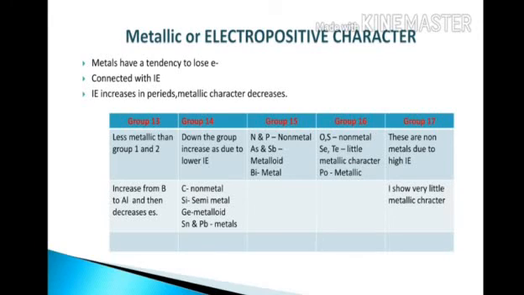In group 17, we know that all the elements have high ionization energy, so all these elements are non-metals. But iodine shows some metallic character, as it can form I+ by loss of an electron.